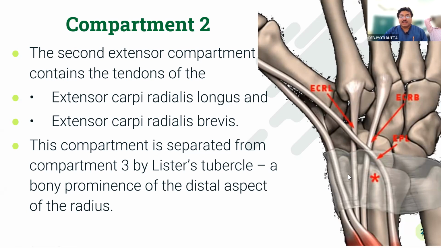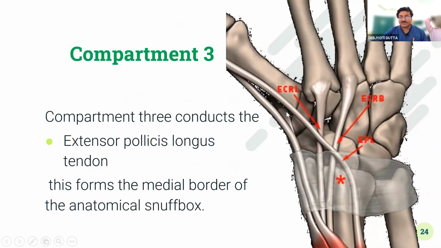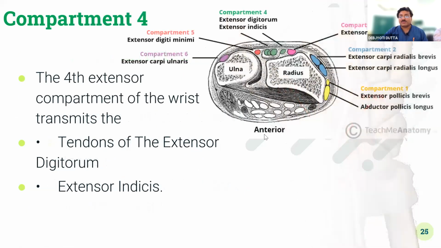Now after compartment 3, as I have told, it is the extensor pollicis longus tendon. Then next is the fourth compartment, the large dorsal compartment. Then we have the extensor indicis and the extensor digitorum; their tendons are within this portion.